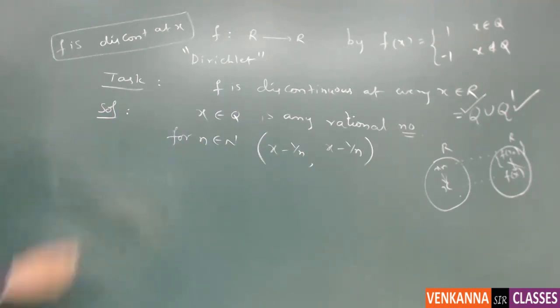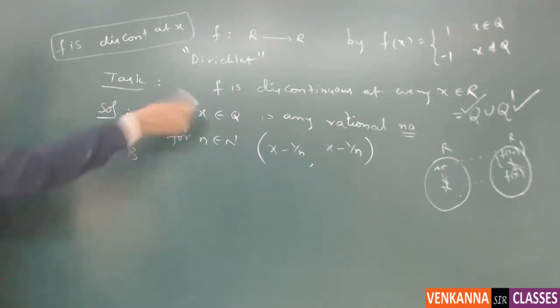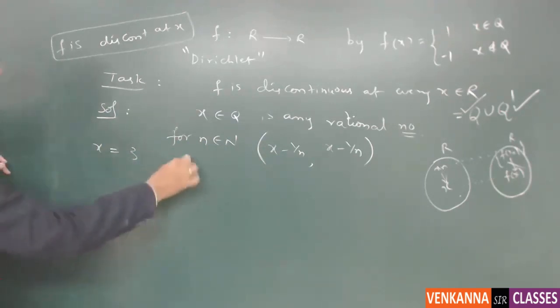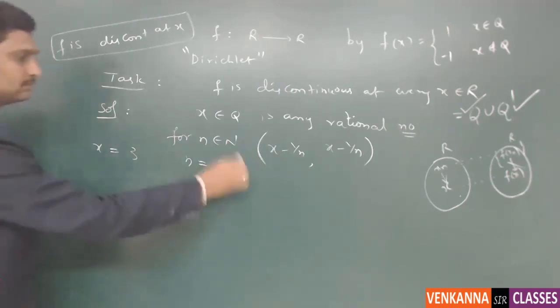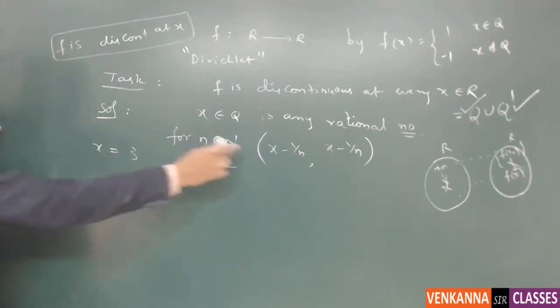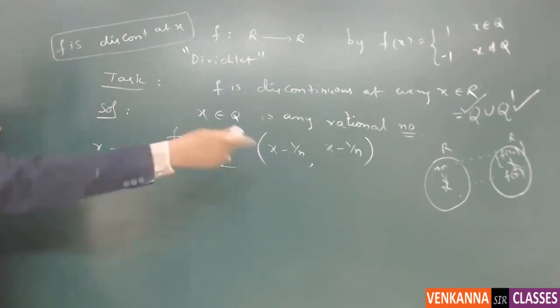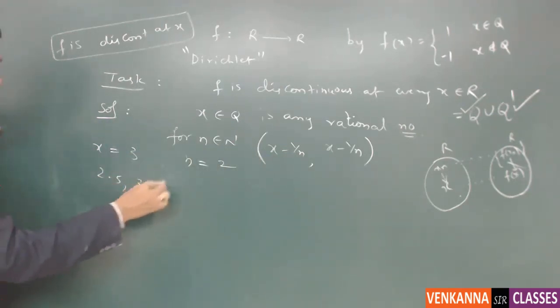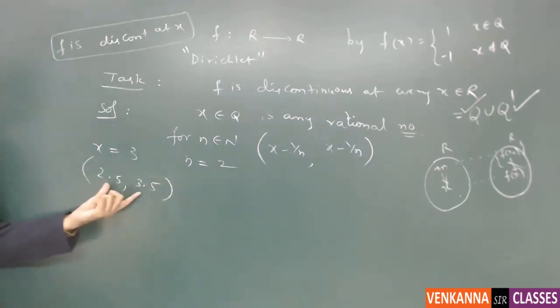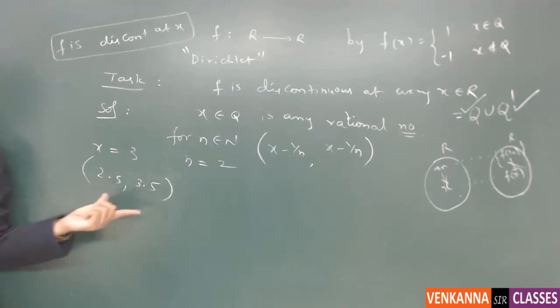For a little idea, let us take x equal to 3, a rational number. You give me n, any number please. Say 2. Right. So if you consider x minus 1 by 2 and x plus 1 by 2, between these positions you can find so many rationals and irrationals, isn't it?